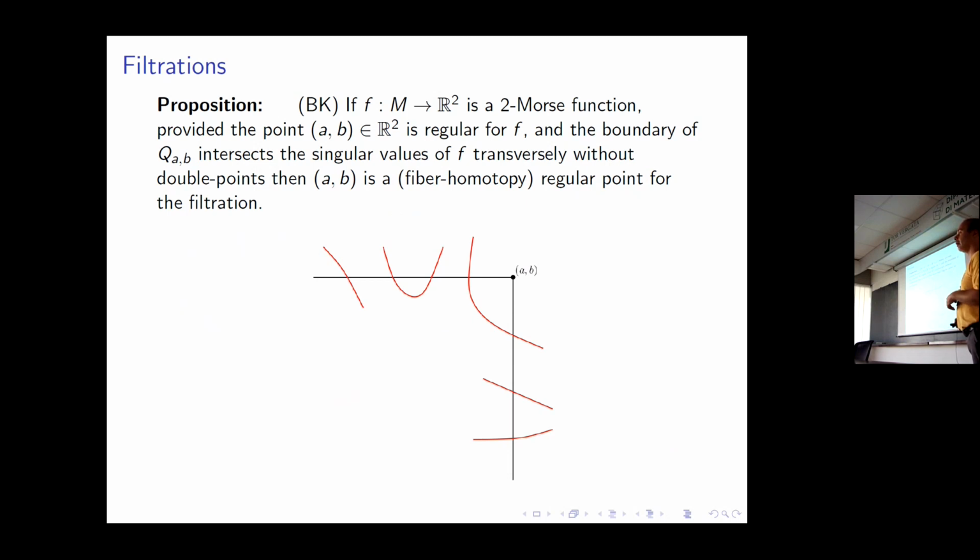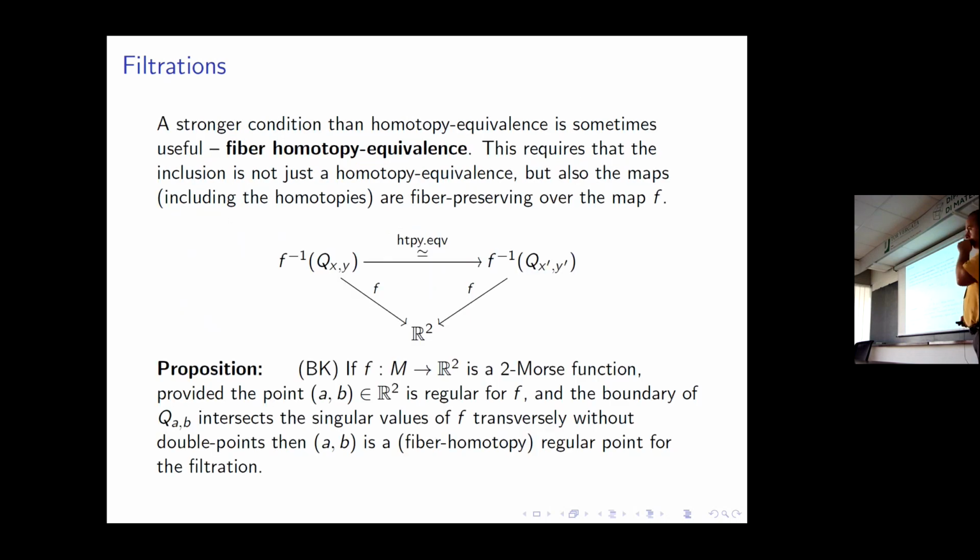Before the proof, I just wanted to ask you about this. You're using regular in these two different ways, right? In the same statement, you assume that it's weakly regular, and then you're proving that it's strongly regular. Is that what you're doing? Yeah. So this is regular in the sense that there's no singular values at AB, and this is regular in the sense of the filtration.